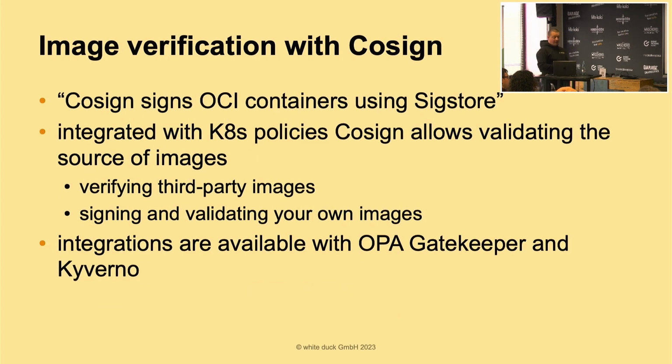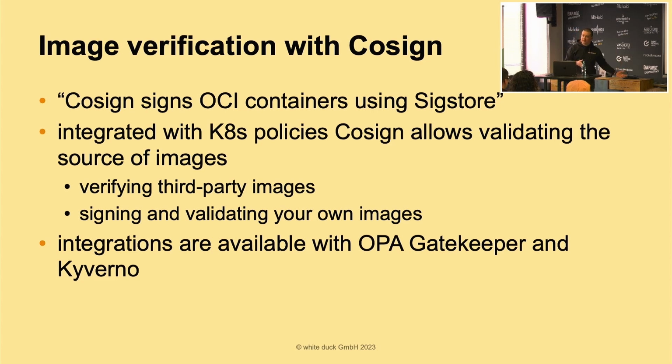So next one is cosign. Cosign is a tooling by Sigstore which helps us to sign OCI images or OCI containers or anything related to OCI. And you can integrate cosign also with your Kubernetes clusters. Why should you do it? You can then validate any images.